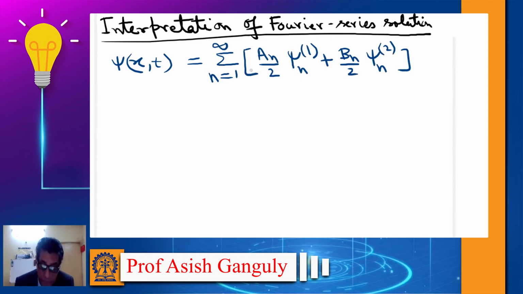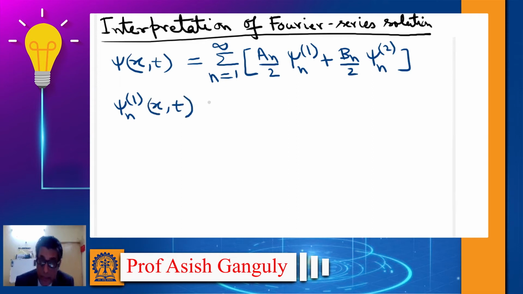Now psi n1, why am I taking this half factor? Because there is sine cos, so I will use the 2 sine a cos b trigonometric formula. So I will write it in this form. This will give you an interesting thing.